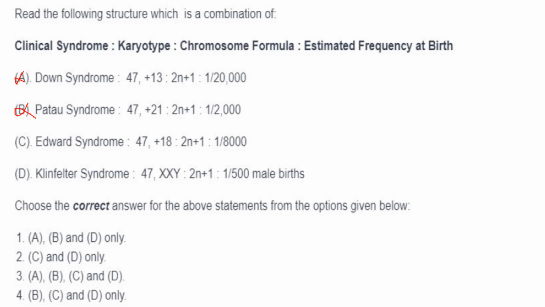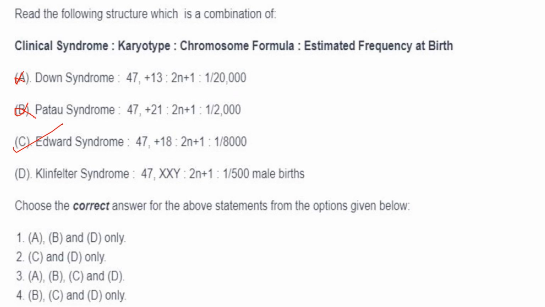Then Edwards syndrome. Edwards syndrome karyotype is 47 plus 18. That is correct. Edwards syndrome is due to trisomy of the 18th chromosome. Chromosome formula is 2n plus 1. And estimated frequency at birth is 1 by 8000. That's also correct. Klinefelter syndrome, again 47 is the chromosome number, XXY.